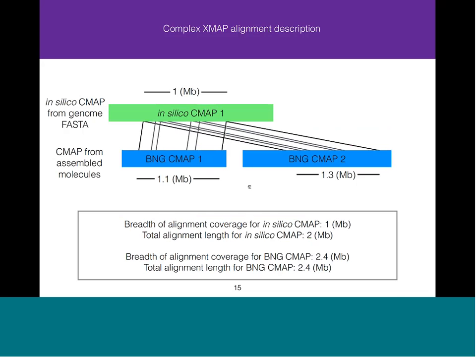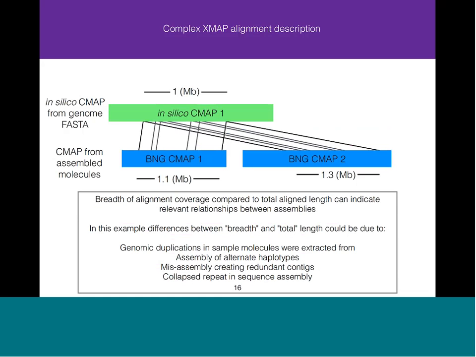So I check both of these values once I'm done with an assembly because I can infer certain things about the BNG assembly based on the relationship between breadth and total alignment length. In this case, the difference between the breadth of alignment length and the total alignment length for the in silico CMAP might indicate that we had genomic duplications in the sample molecules that we extracted, or that the molecules were extracted from.